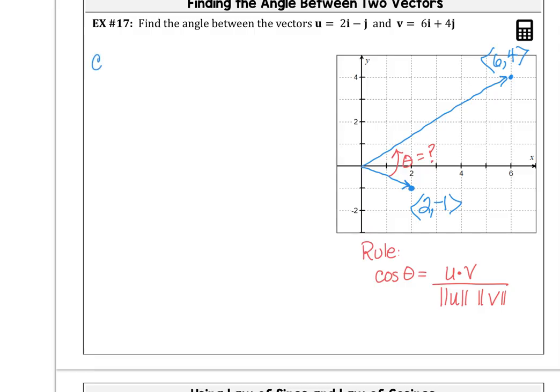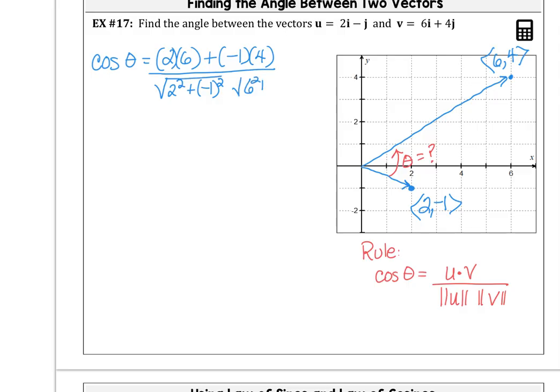So the cosine of our angle is the x-coordinate times the x-coordinate plus the y times the y, and the magnitude is the square root of 2 squared plus negative 1 squared times the square root of 6 squared plus 4 squared. Those are going to be some, let's see, 12.